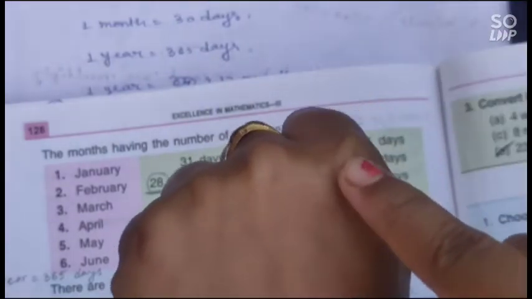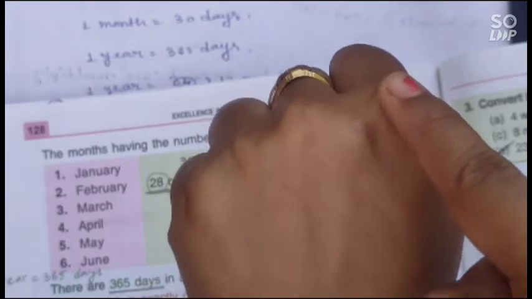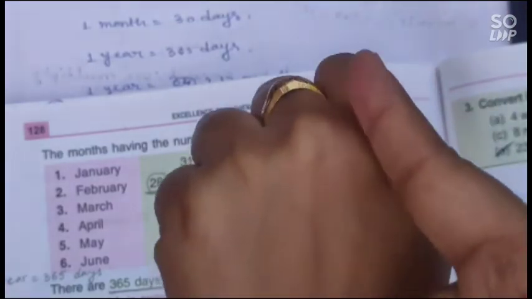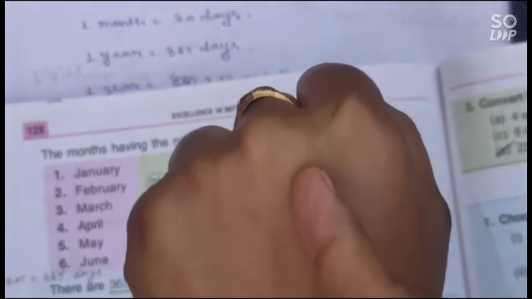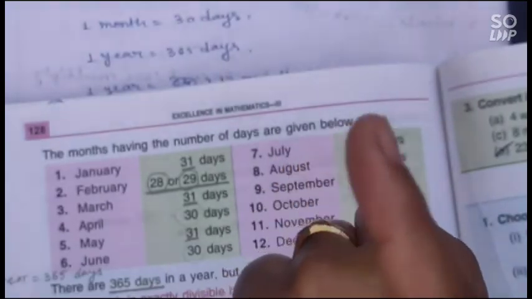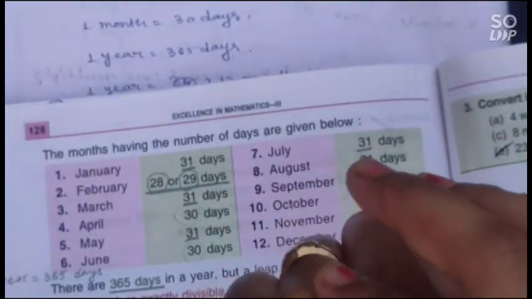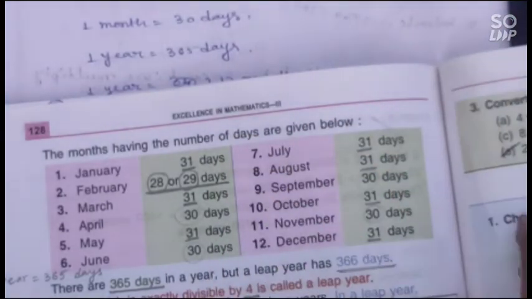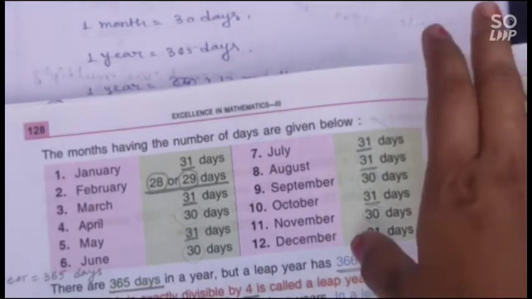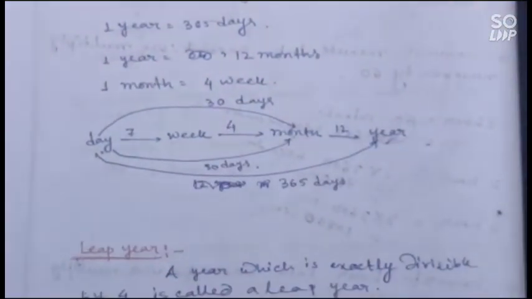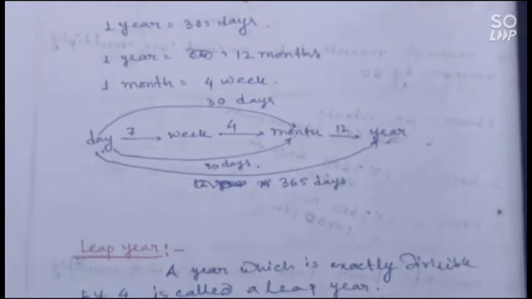So which months will be in the upper position that have 31 days, and which will be in the lower position? Those months have 30 days except February. February has 28 or 29 days. Now you will know in which year February has 28 days and in which year February has 29 days.